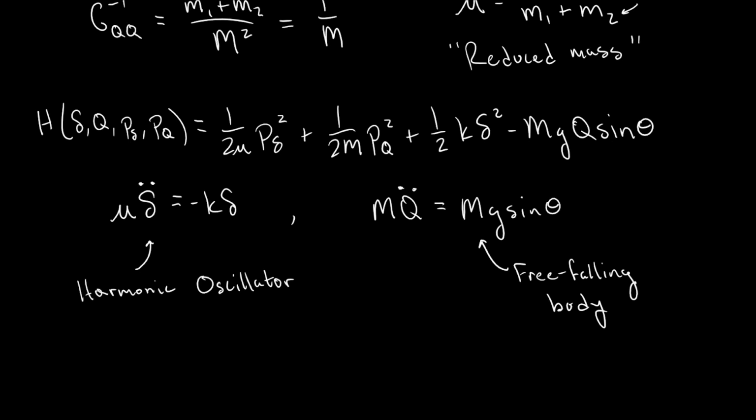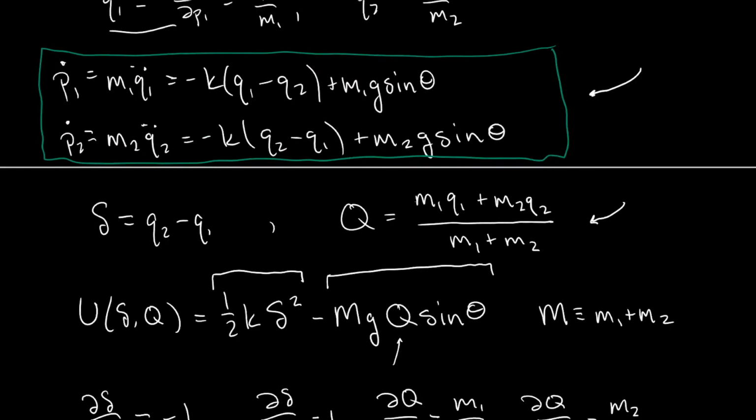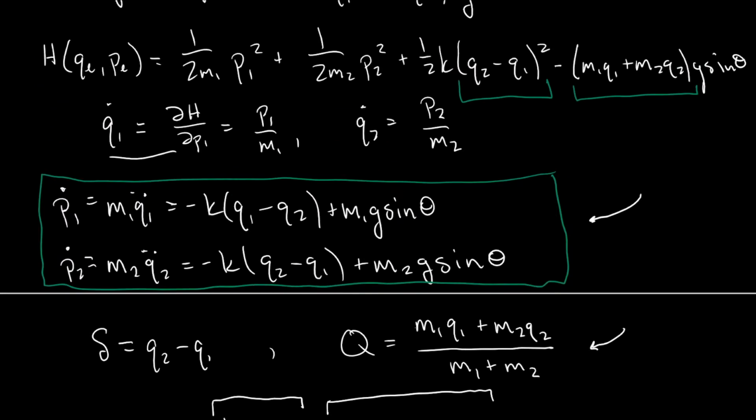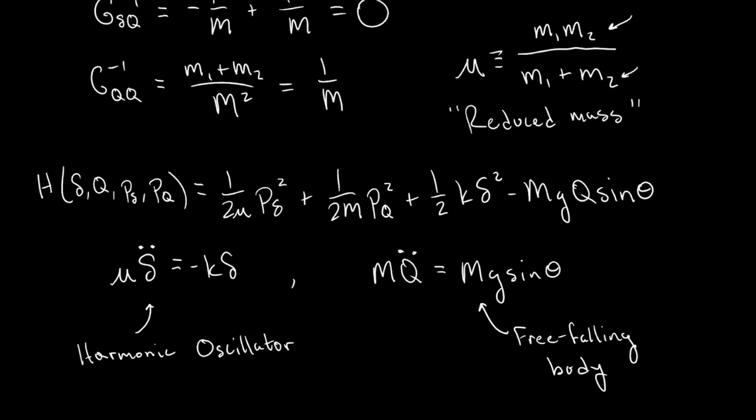Sure, we might get them, but more or less what we'd end up with is this coupled set of differential equations, and then we'd try to brute force solve this. Whereas here in the Hamiltonian formalism, all we had to do is ask, what coordinates make things easy? Then we use those coordinates, which make life easy, and we get a nice decoupled set of differential equations.